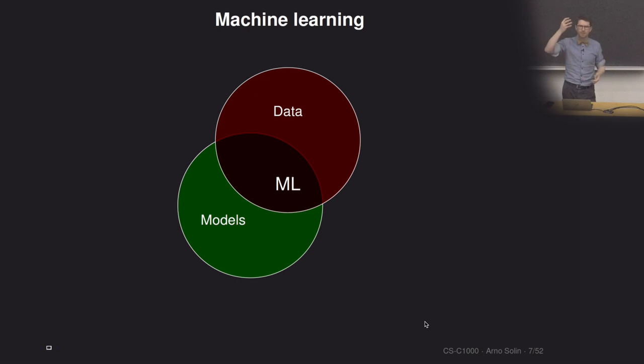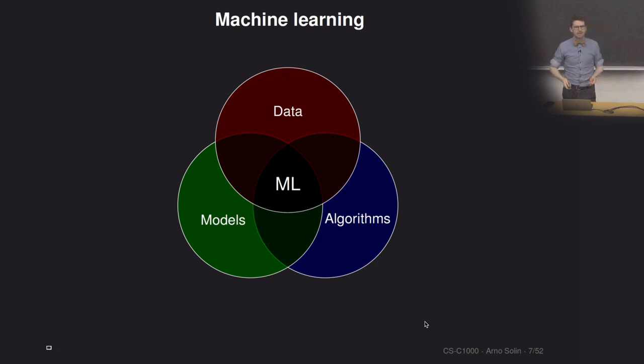Okay, now we have something to learn from, which is the data, and a model that needs to be adapted to that data. But something is missing. We need the secret sauce that binds the data and models together. And that secret sauce I call algorithms.